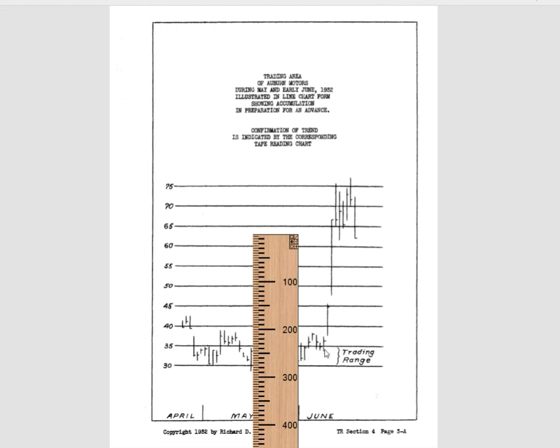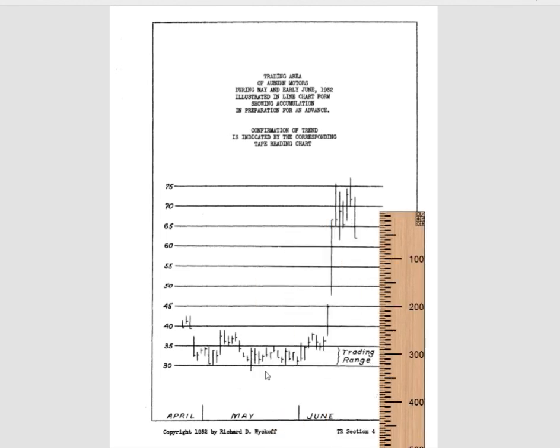And then this pullback would have either decreasing volume, or one of these bars would have had a lot of effort. It would have been one of these bars or the reversal right here. I don't have the volume here, so I can't test, but that's what would have happened.